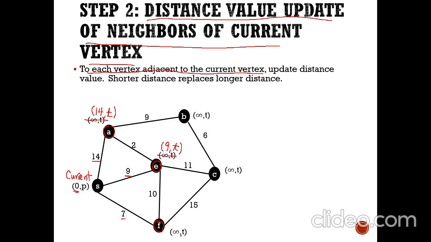Now 7 is less than infinity, so we replace this by 7 temporary. Okay, so this ends step 2, which is updating the distance value of the neighbors of the current vertex. Now for step 3, we will now choose the new current vertex.